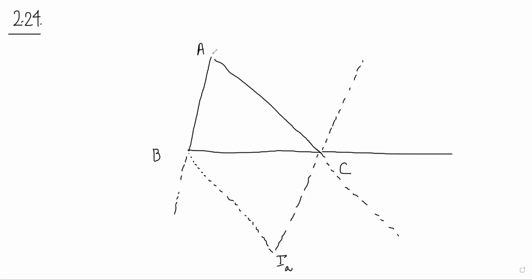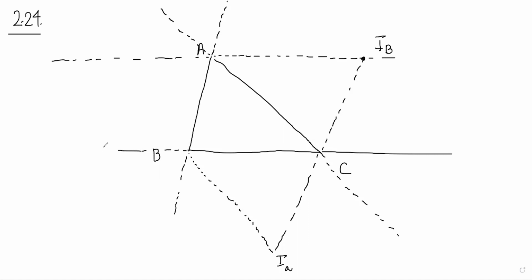And I'll extend this side and continue an angle bisector like this. This will be my IB, right? Yeah. And extend this side and continue an angle bisector like this. And extend this side and continue this angle bisector.